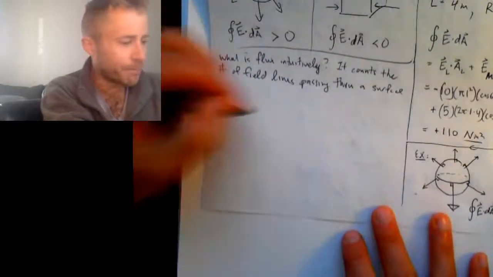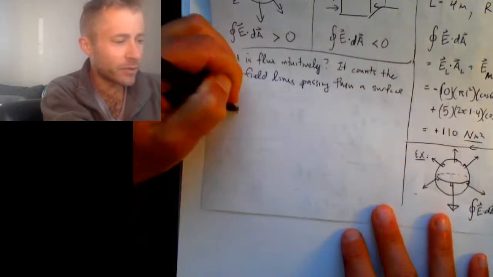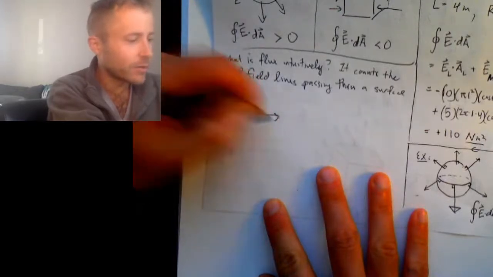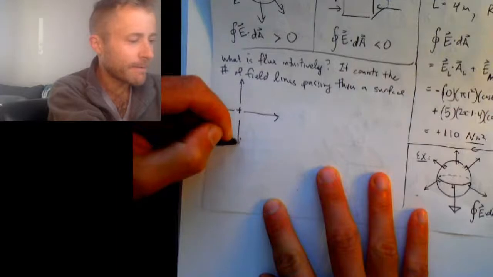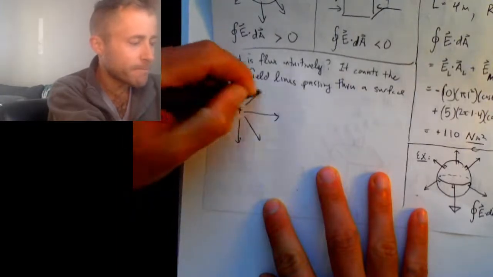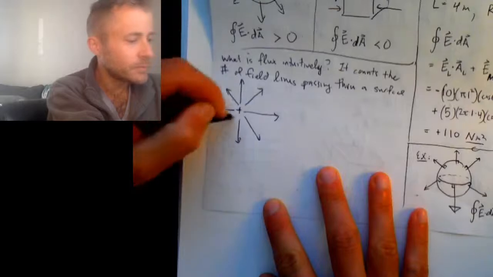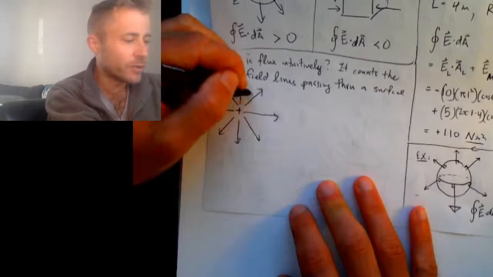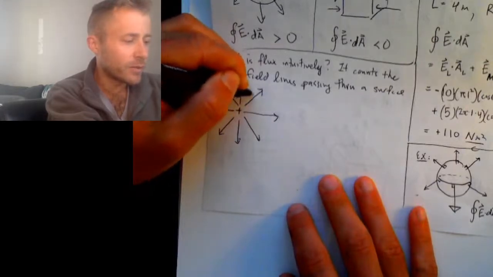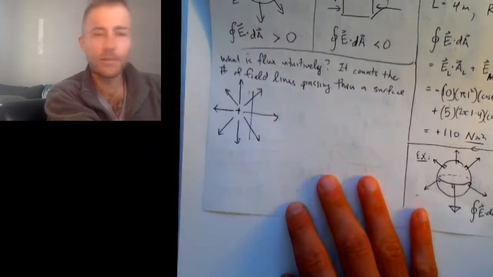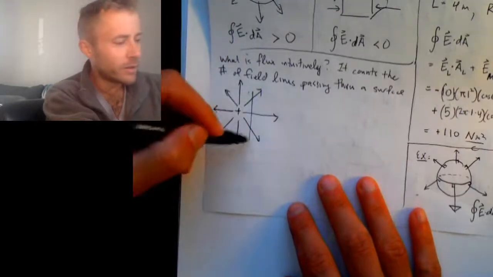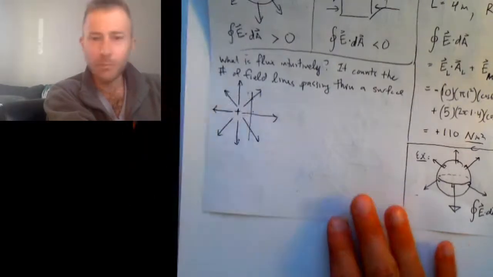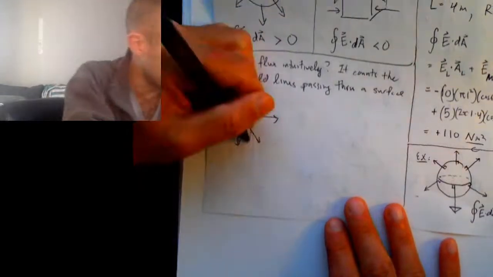So, for example, what if I have a positive charge here? And the positive charge has its electric field lines that go radially outward. Okay? What if my surface was something like this? Like, what if this was my surface right here? And this surface is like edge on. You can see that 3 electric field lines pass through that surface. I'll try and draw it 3D.